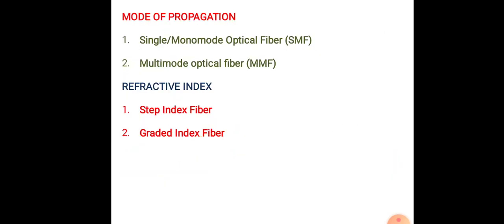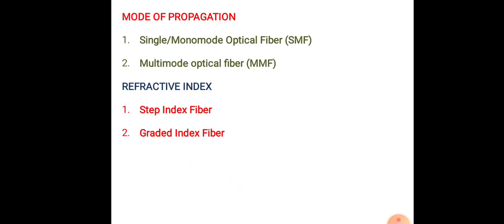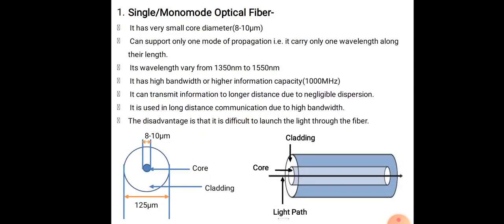One more time we'll discuss the types of optical fiber. Already I have told you, on the basis of mode of propagation, optical fiber divides into two types. The first one is the single, or monomode, optical fiber. This single mode fiber has a very small core diameter, around 8 to 10 micron.